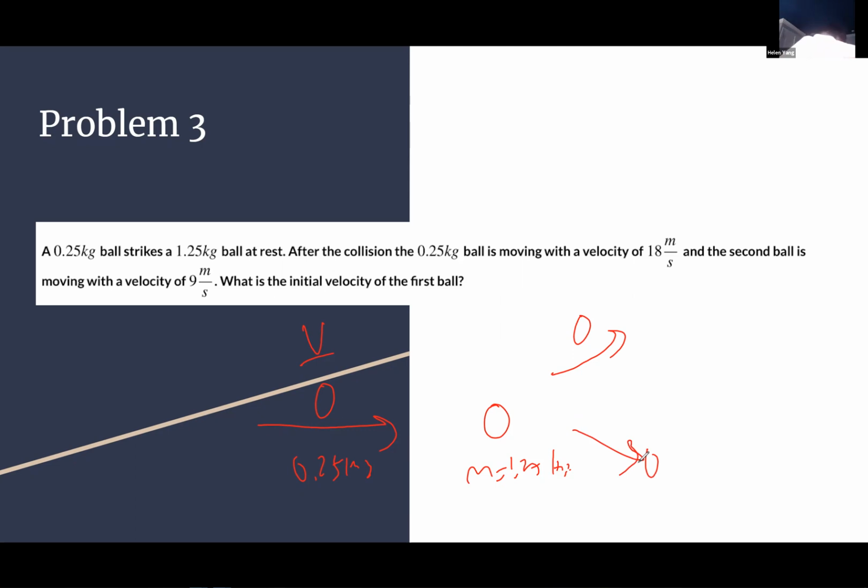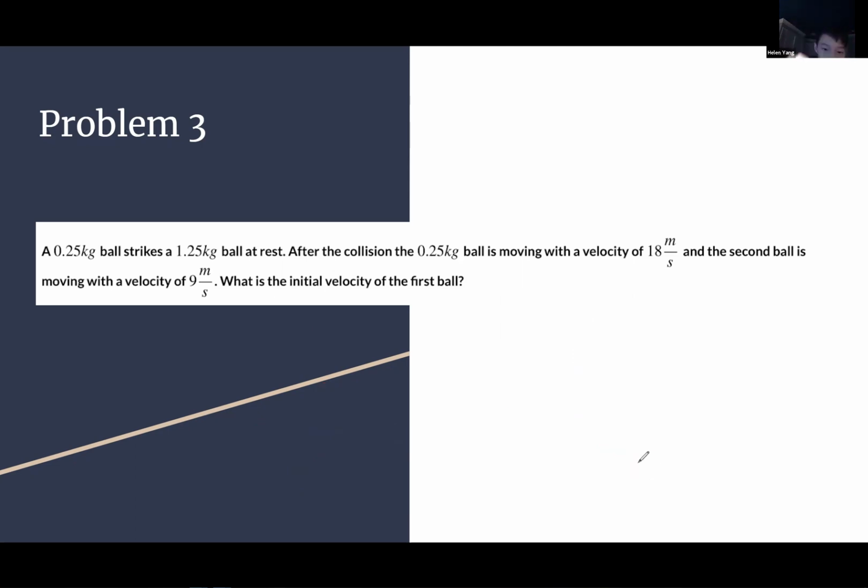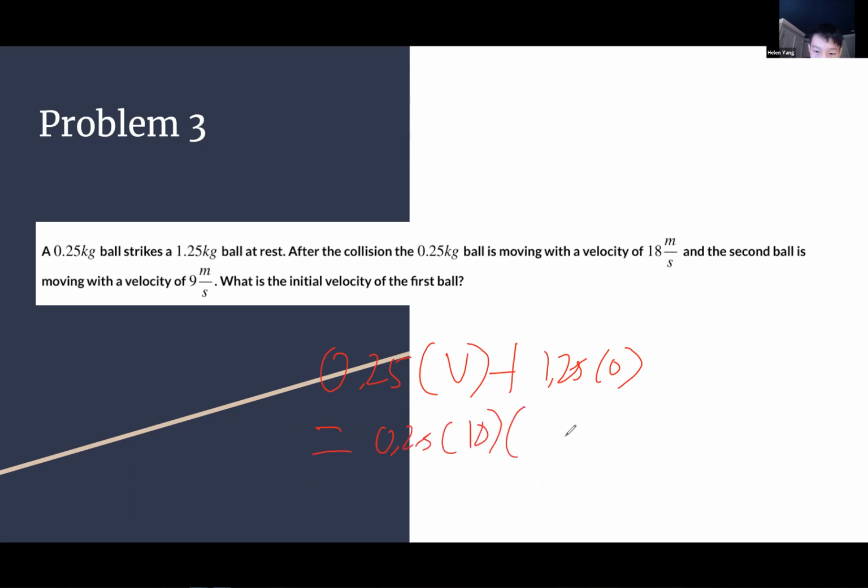So we can write 0.25 times V plus 1.25 times 0 is equal to 0.25 times 18, plus 1.25 times 9.